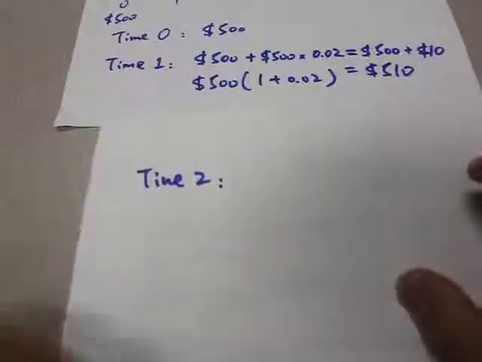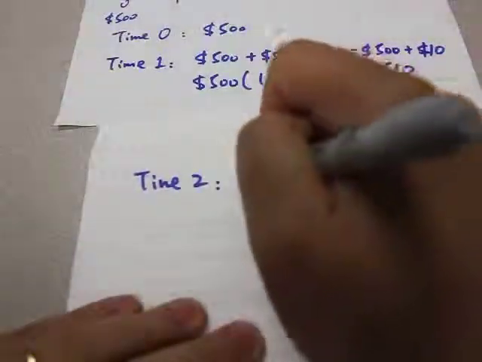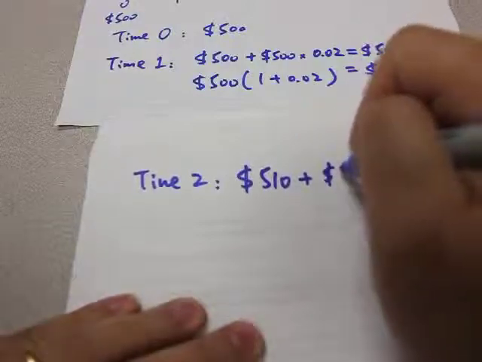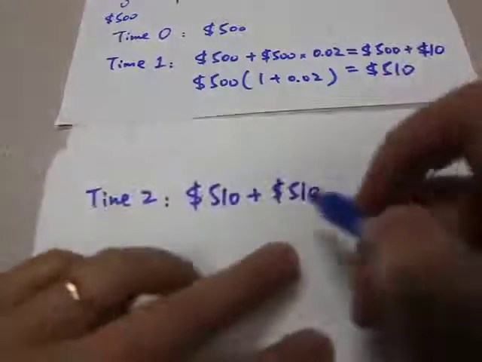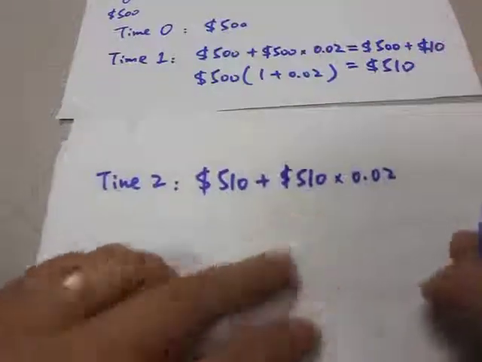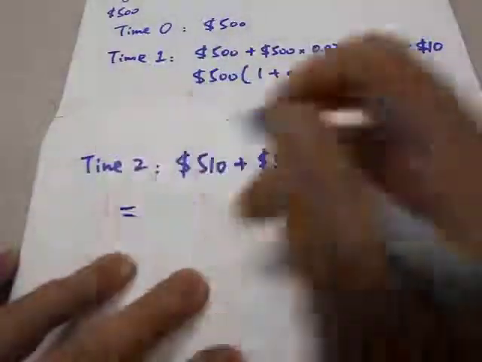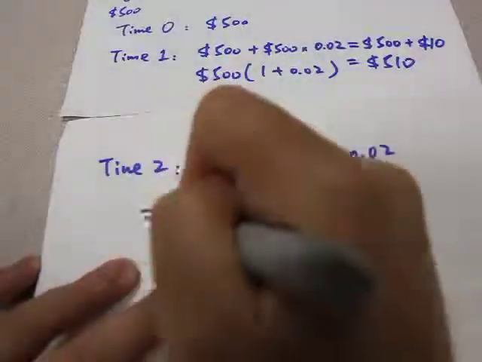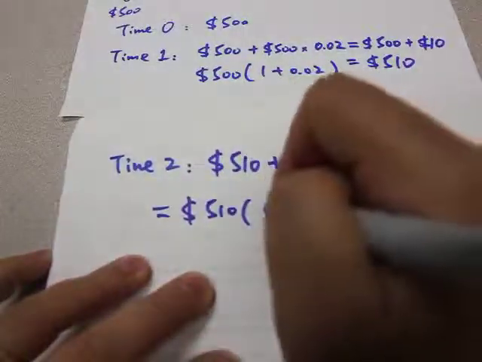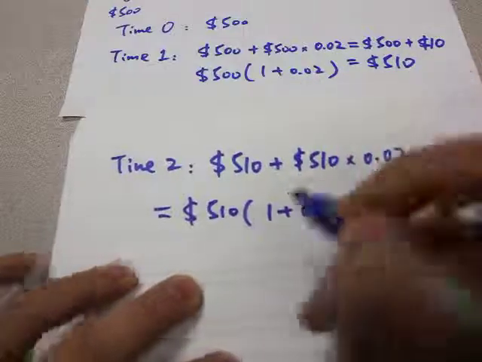Now at time 2, we will have $510 plus the interest earned by the 510. Now we factor out 510. We can write this way.